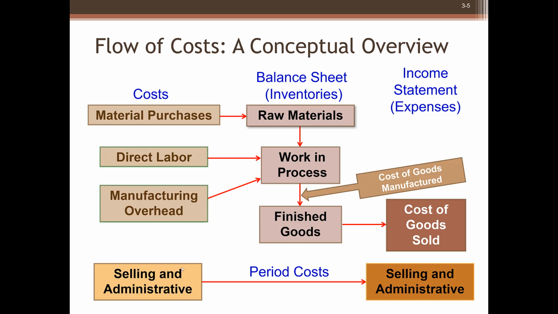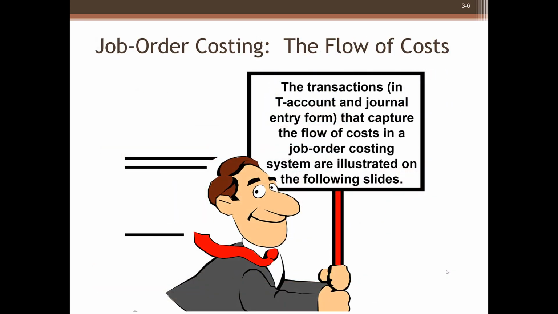For non-manufacturing costs, selling and administrative costs, they are period costs, and they should be recognized as expenses immediately. Let's take a look at the transactions in T account and journal entry form, which capture the flow of costs in the job order costing system.